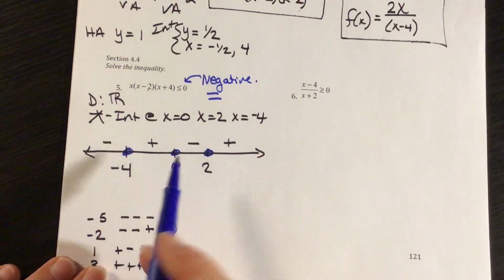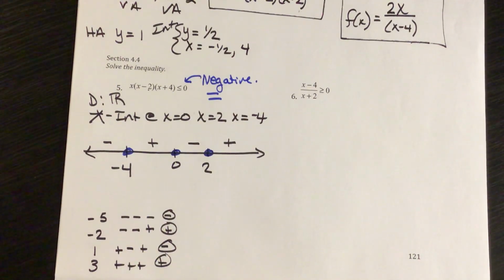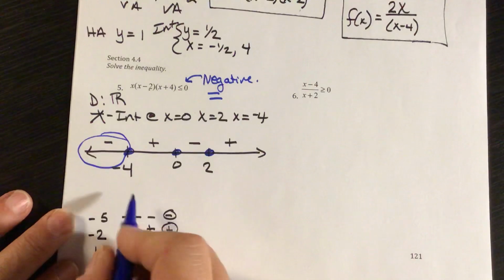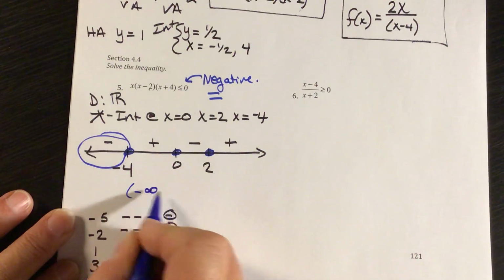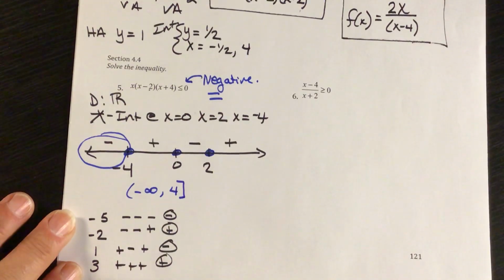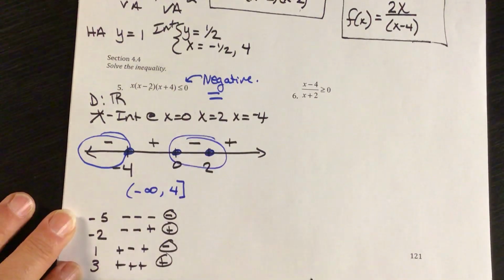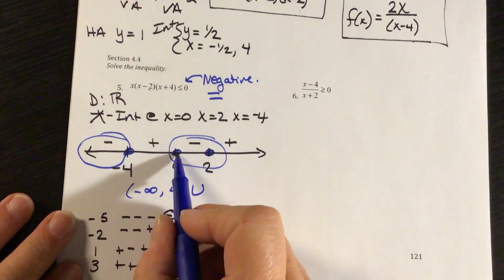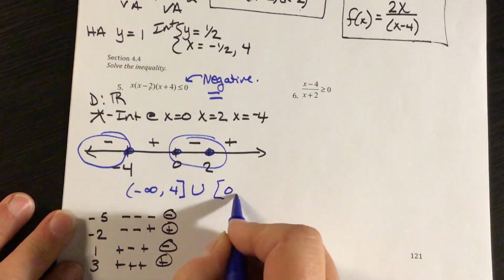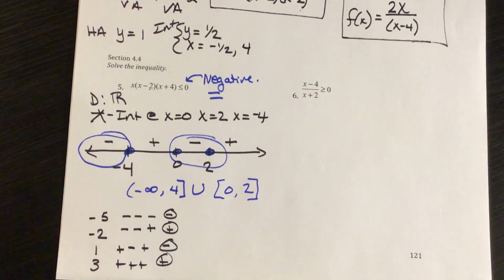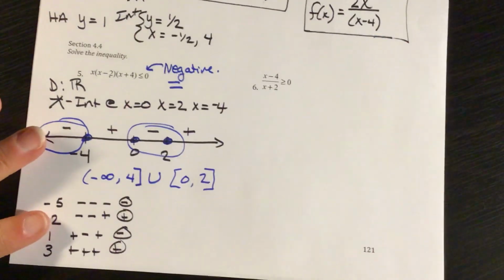So our solution set for negative values are going to be here, which is -infinity to 4, and I'm including 4. And I also have this part right here. And I have a union set, and I go from 0 to 2. And I include both of those endpoints. So that is my solution set.